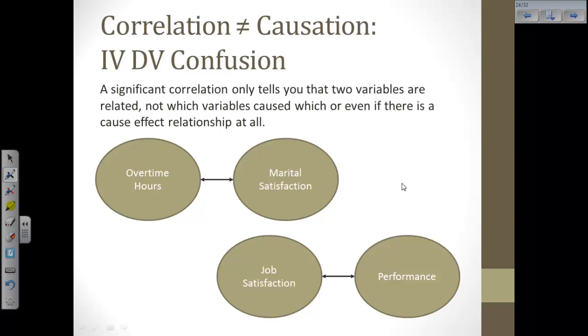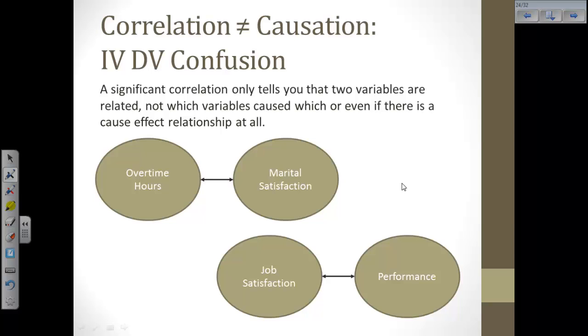Okay, the other one that I want to talk about, this confusion between maybe something is the independent variable or the dependent variable, we don't really know. Job satisfaction and performance. So there's a lot of research in IO psychology looking at this relationship. Well, it could be that job satisfaction predicts performance, and they typically do find a positive relationship. So maybe it's the fact that those who are more satisfied tend to have higher levels of performance.